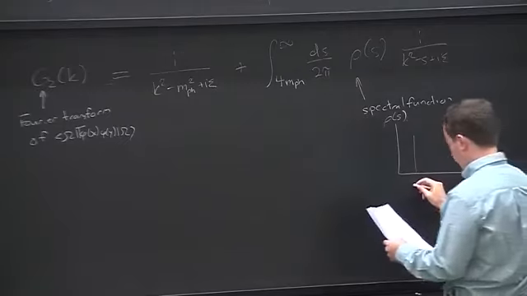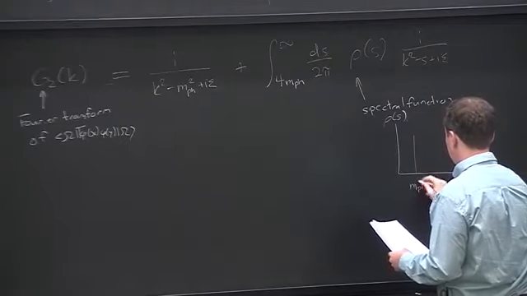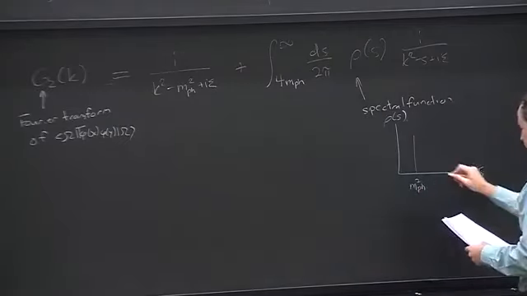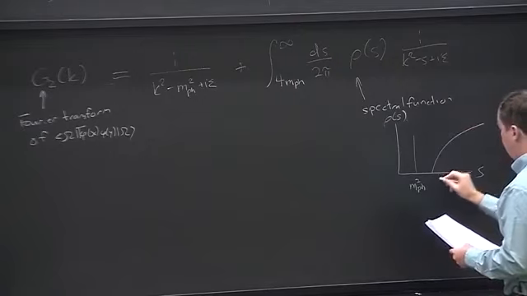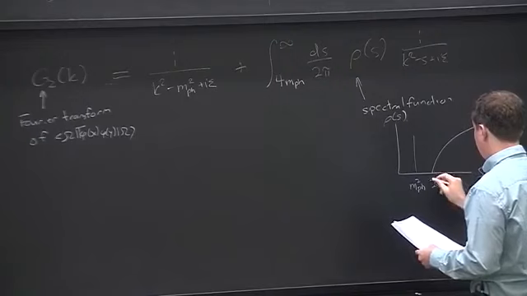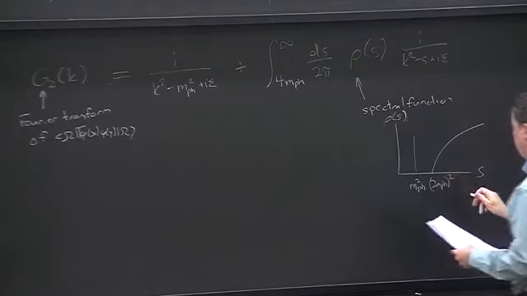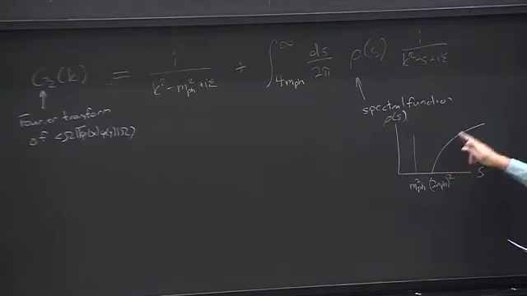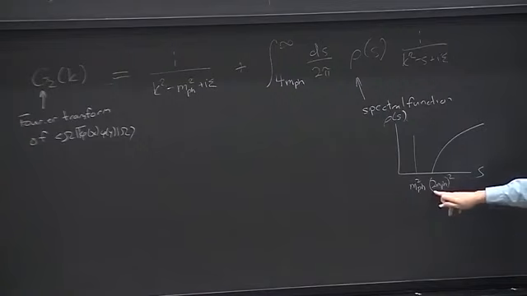So we could have a center of mass energy equal, if we have a one-particle state, to the physical mass squared. Or, assuming there's no bound states, we have two particles at rest relative to each other. We could have any center of mass energy greater than or equal to 4 m physical squared.